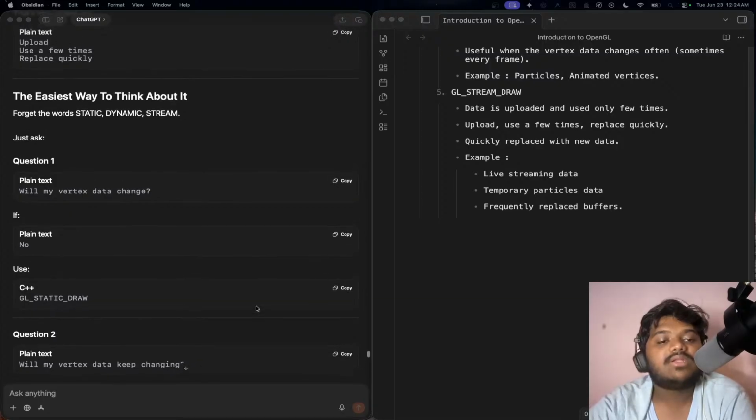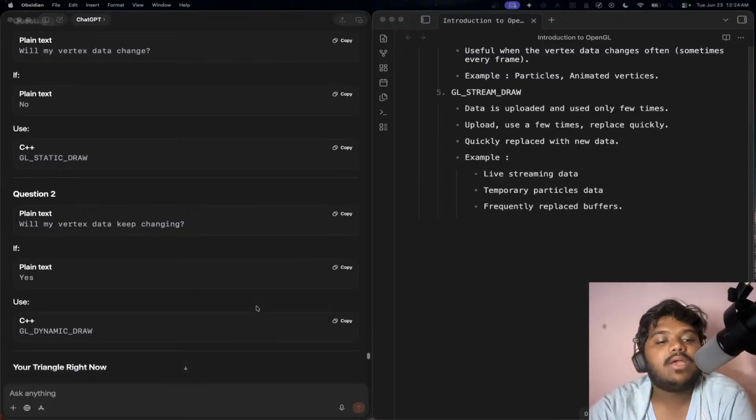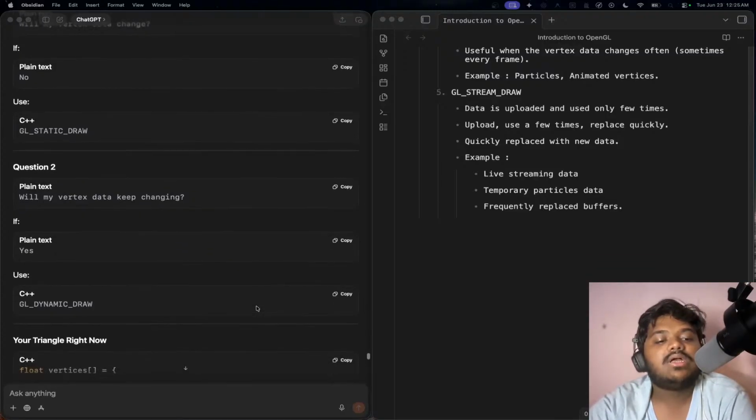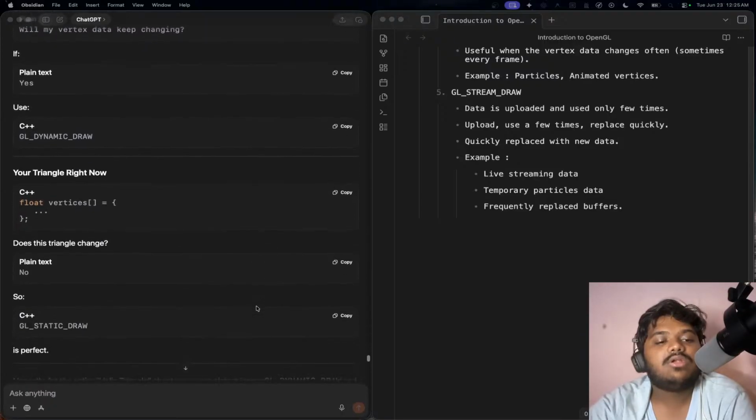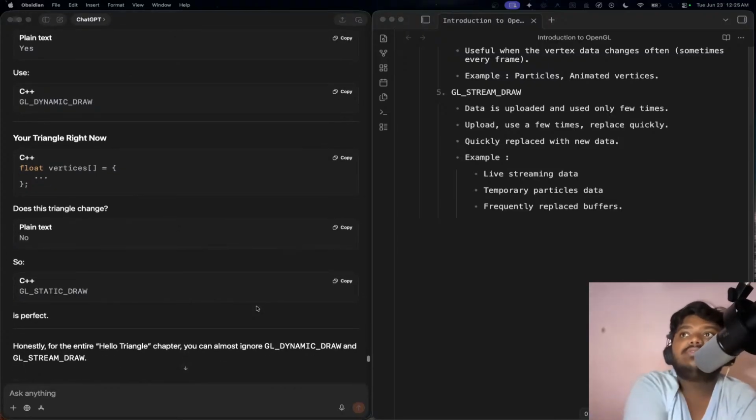Will my vertex data keep changing? If yes, use GL_DYNAMIC_DRAW. And for your triangle, does this triangle change? No. So GL_STATIC_DRAW is perfect. Okay, so that is what's going on here.